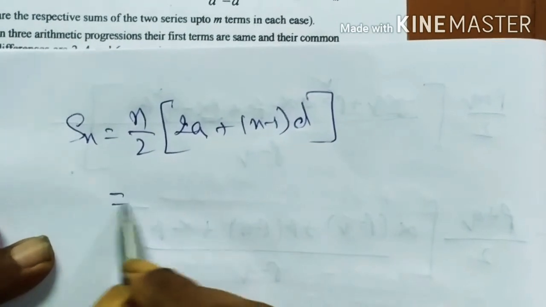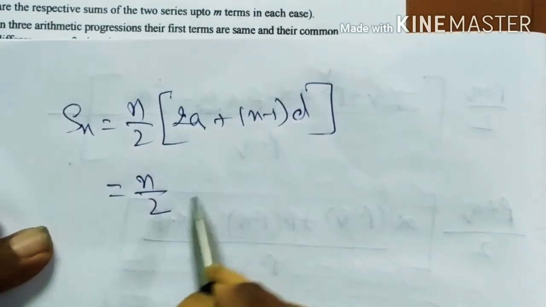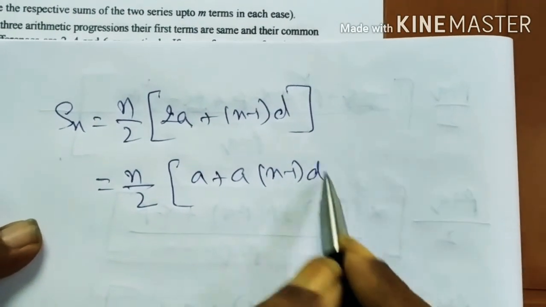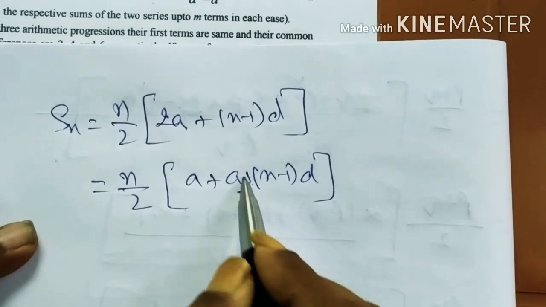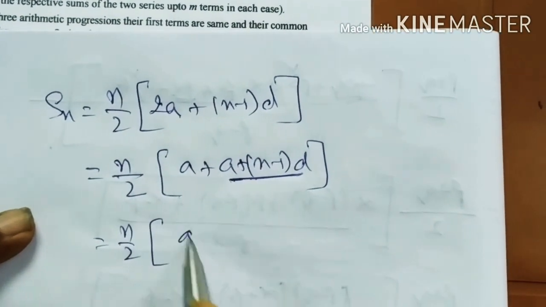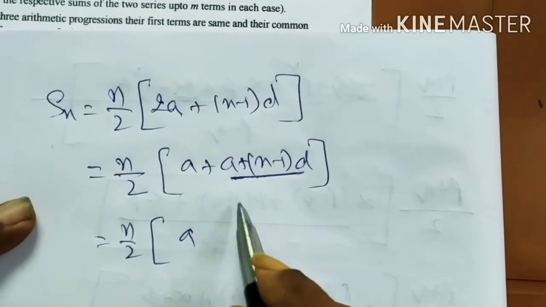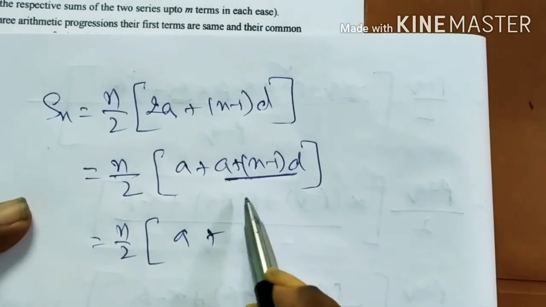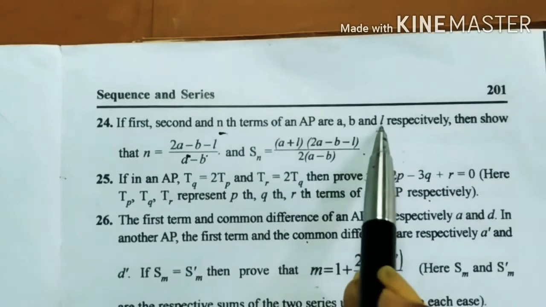You can write this formula like this also: n by 2 times (A plus A plus (n minus 1)D). See, this is plus, this is the nth term. Your nth term is given to you, that is L.